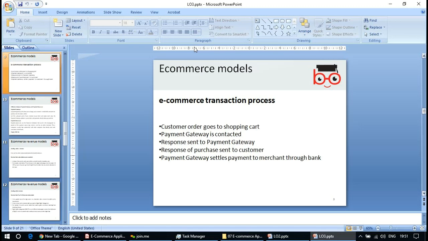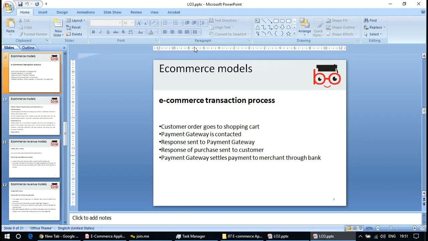A notification goes to the customer, your order has been placed, and a notification to the supplier that the payment has been taken and sent to your account, and hence the order is completed on the supplier side as well.